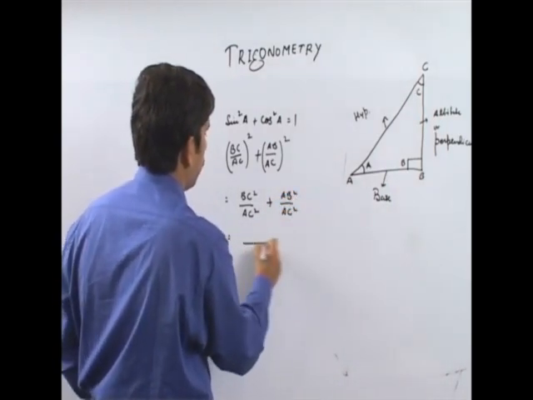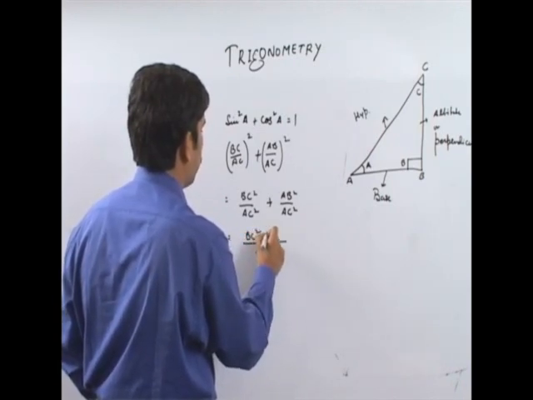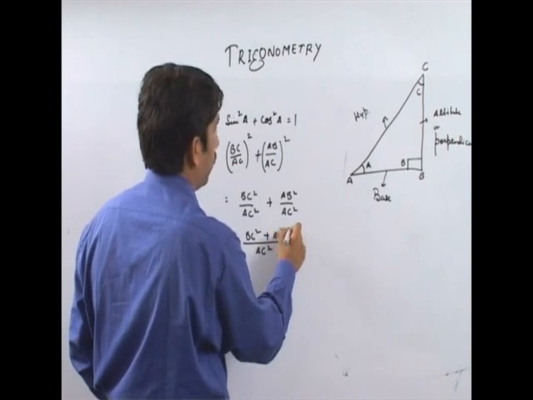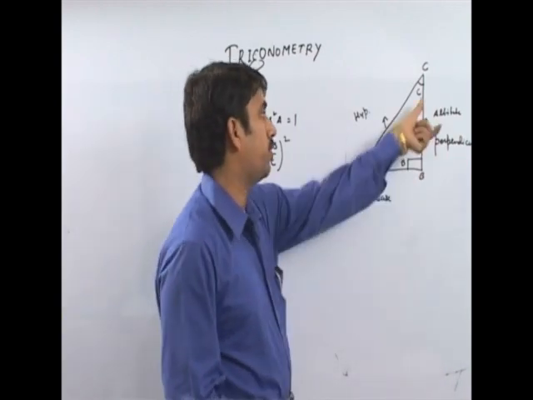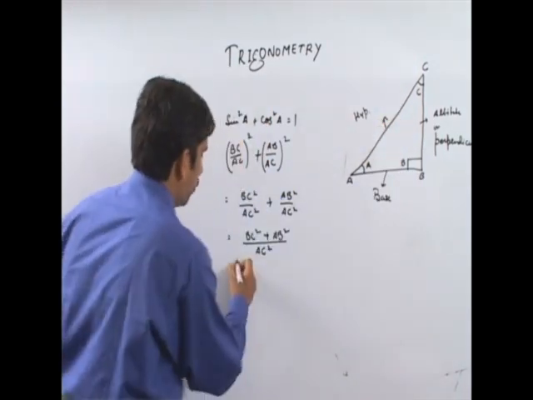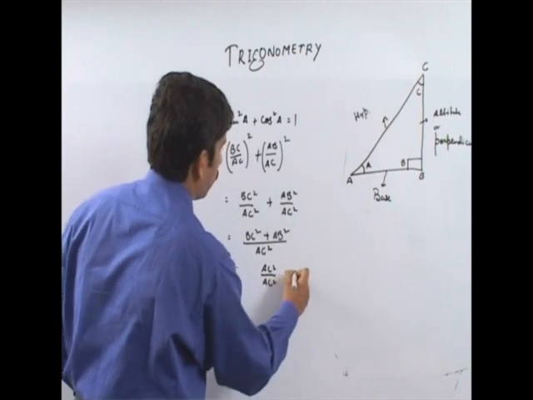Now if you take LCM, this is AC square, BC square plus AB square. Now according to Pythagoras theorem, in a right angle triangle, AB square plus BC square is equal to AC square, and AC square over AC square is equal to 1.